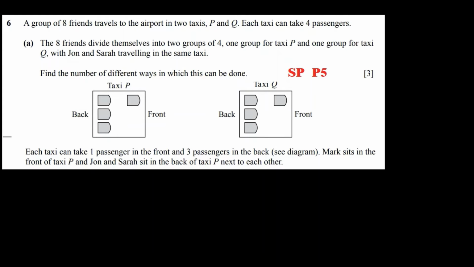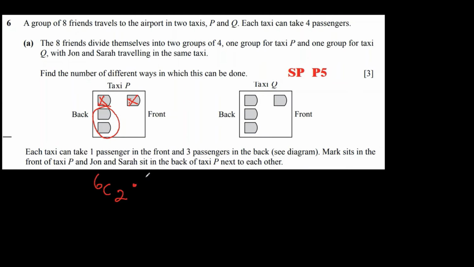So the 2 seats have been taken by John and Sarah somewhere. Maybe these 2. We don't know where. So how many are remaining in these? These are just 2 seats left. So remaining people, total 8 people are there. 2 people have taken their seats. So 6 people, we need to select 2 people for these 2 seats.